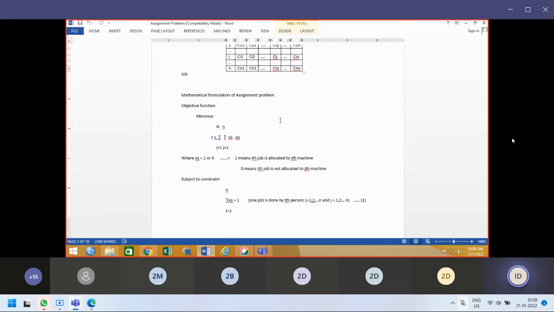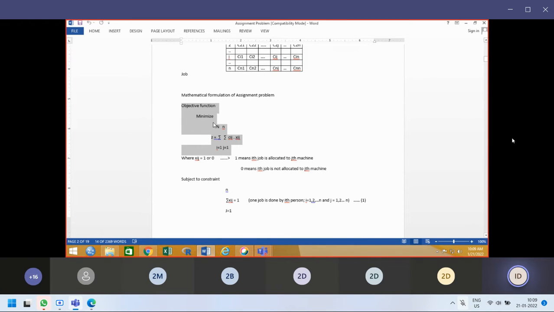Any manager has an objective function of minimization or maximization. Before solving any problem, first of all, we have to consider the objective function. So the first part of the problem, in any technique in decision science, is the objective function.